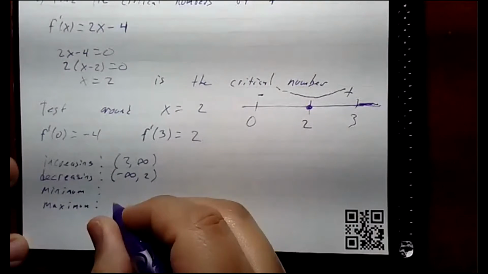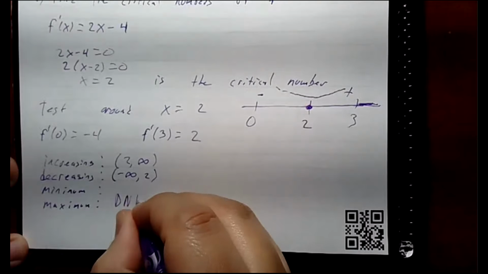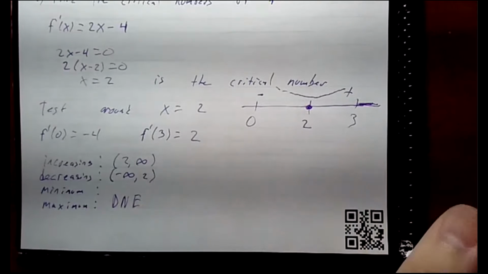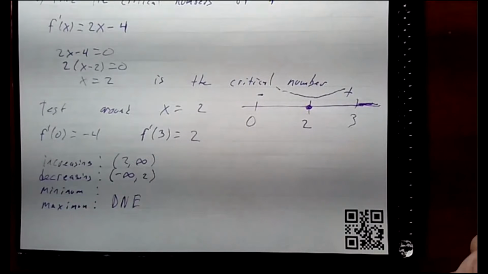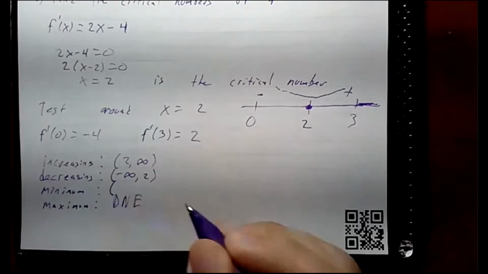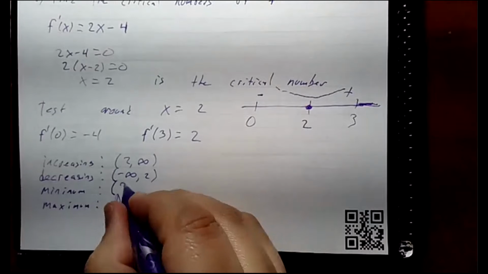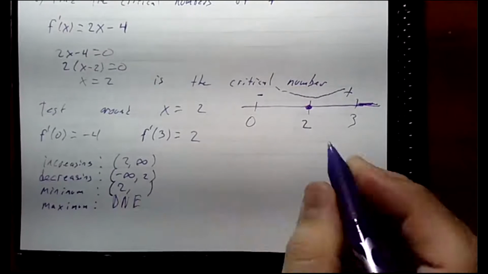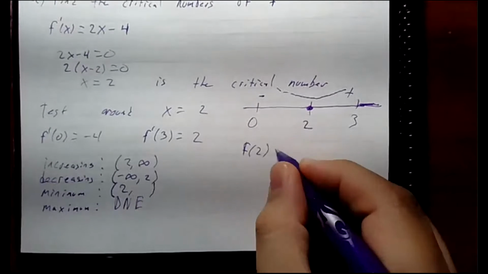It should not have a maximum, because it keeps going up. Right? So the minimum would be at 2. In order to find that value, you got to plug in 2.